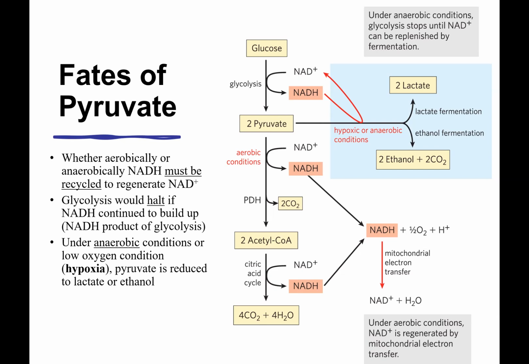We did go over this the last time, but just by way of review, I'm going to remind you that under anaerobic conditions, we can get lactate or, depending on the organism, ethanol. We're going to go into that in more detail today.